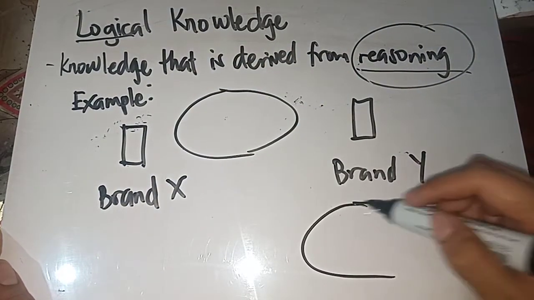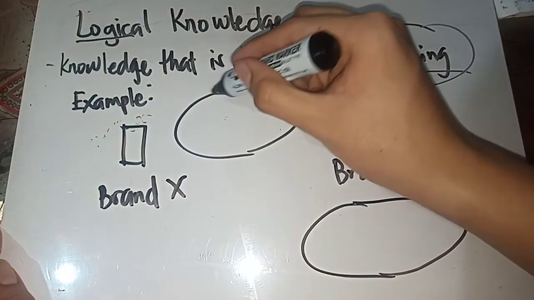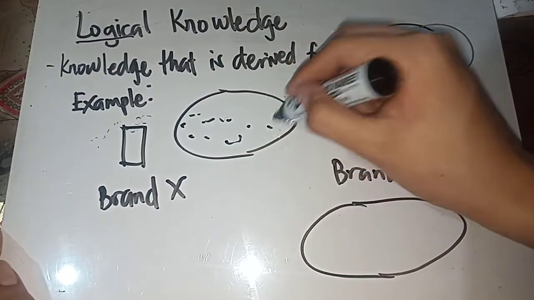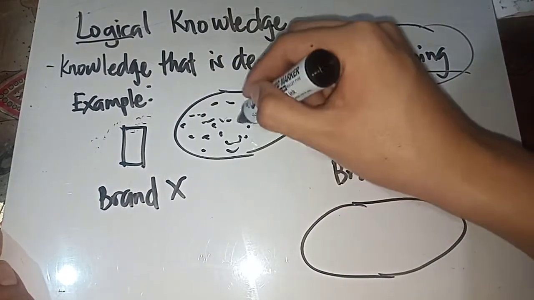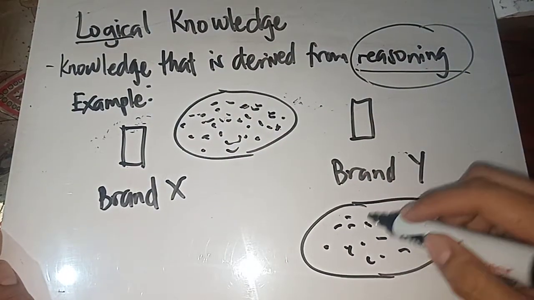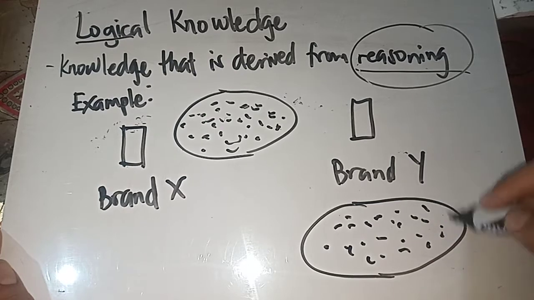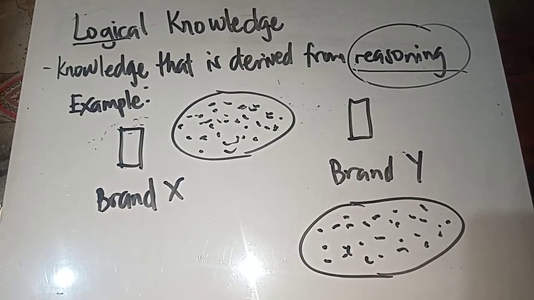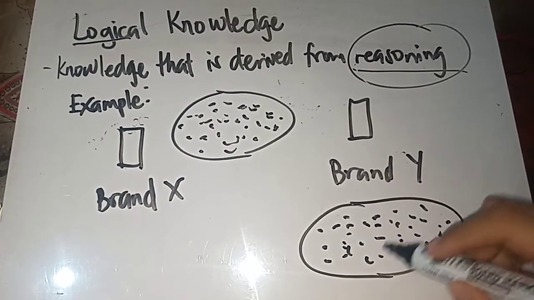The petri dish is where we put the bacteria. So let's say this is the bacteria and this is another bacteria here. So different petri dishes. Okay, so we have these bacteria.